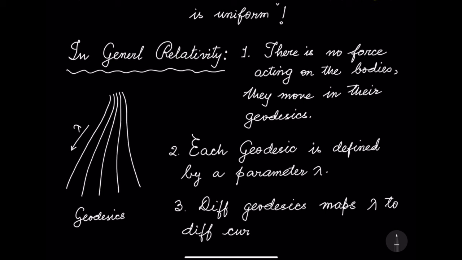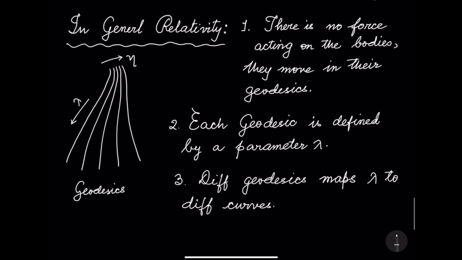Obviously, there are different geodesics we are considering, nearby geodesics. So something has to change along this curve. We call that a parameter, say eta, which changes as you go from one geodesic to other. This is a very little change, so the trajectories will differ by a little bit only. The trajectories will depend both on lambda and eta.